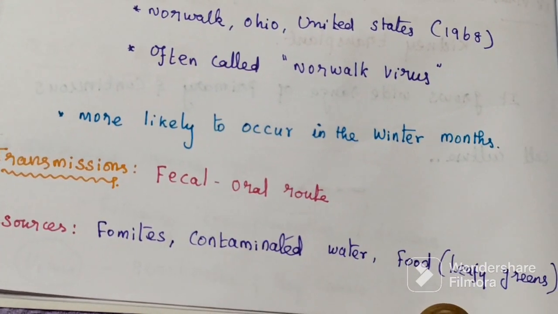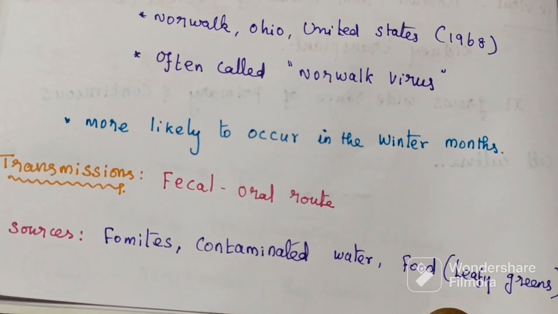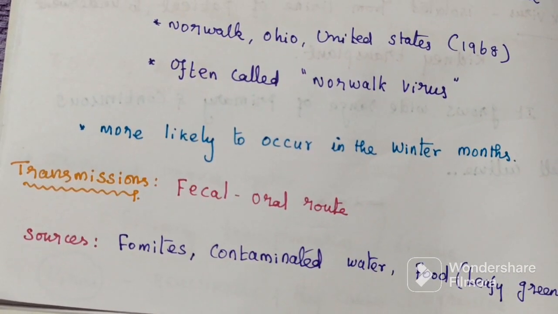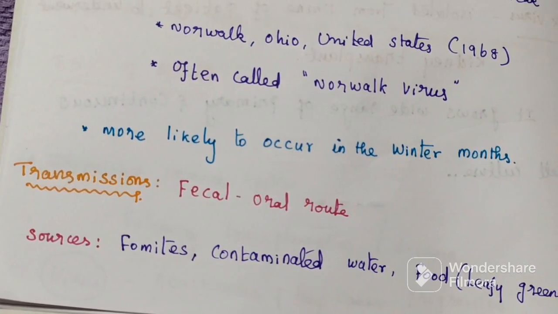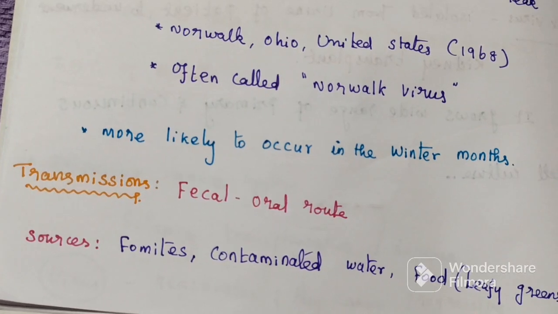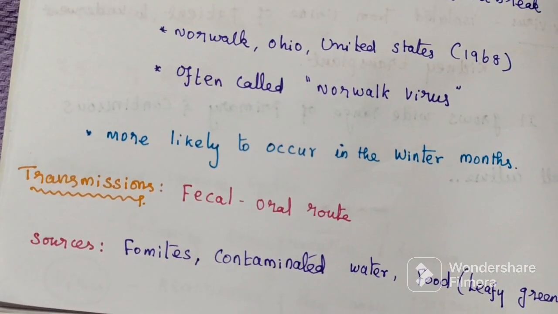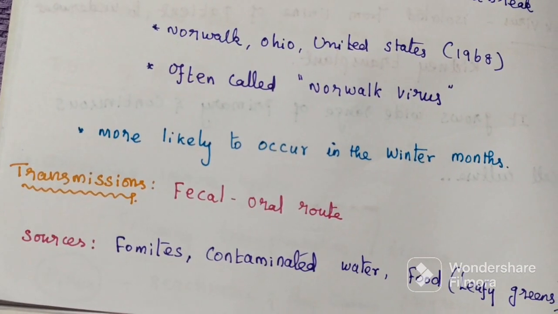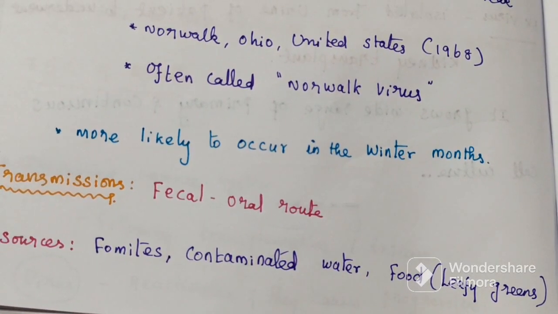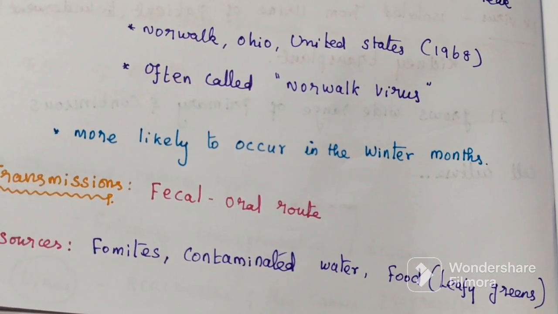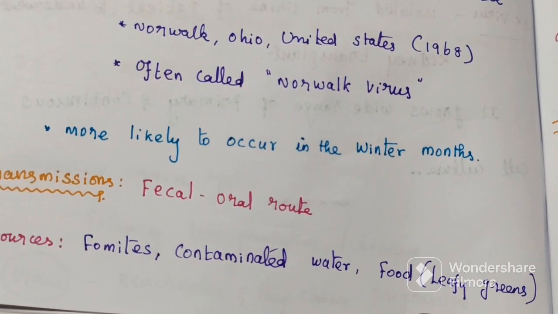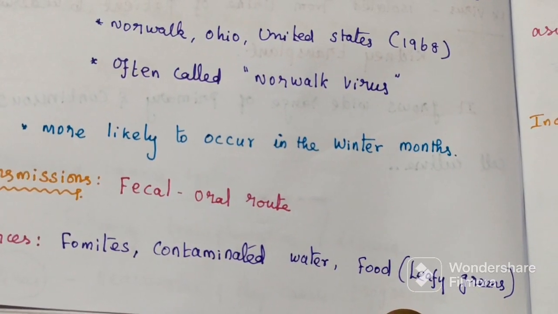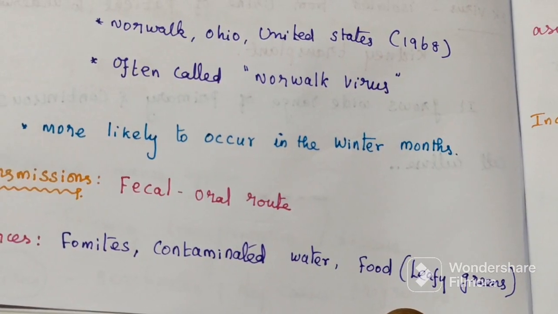An infected individual can contaminate their hands, which then touch different objects like fomites, such as furniture. It can also come from a contaminated water source. If feces from an infected individual get into the water supply, individuals drinking that water can become infected.